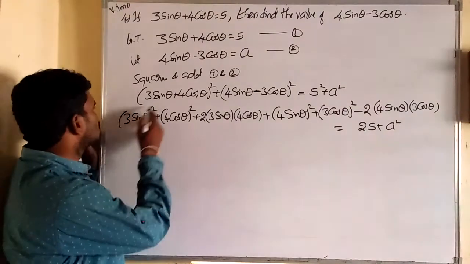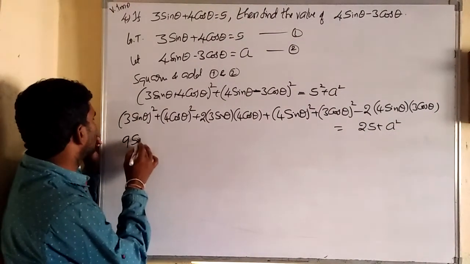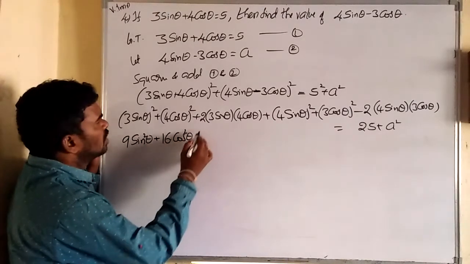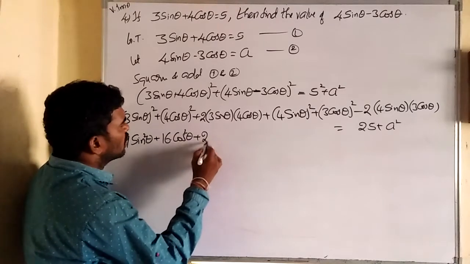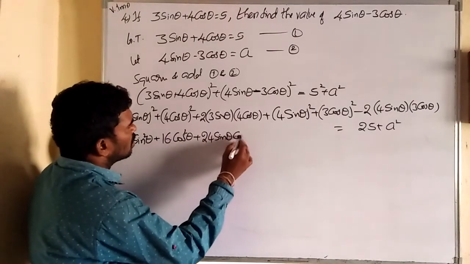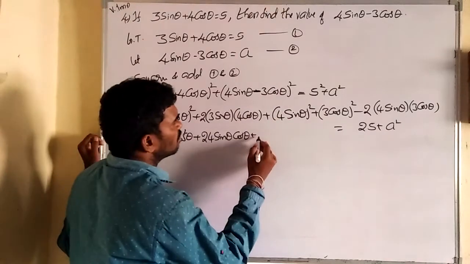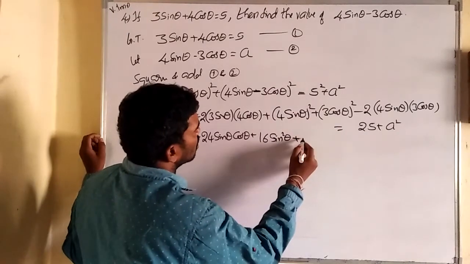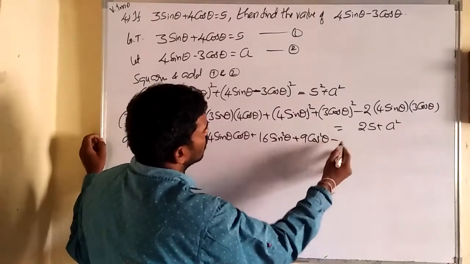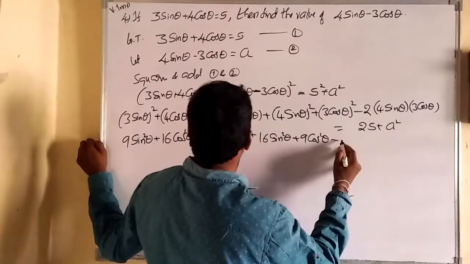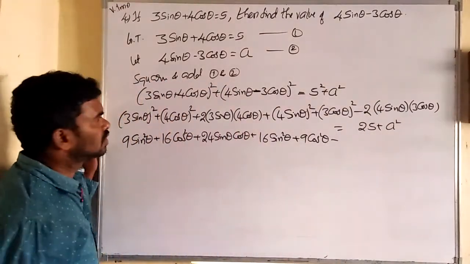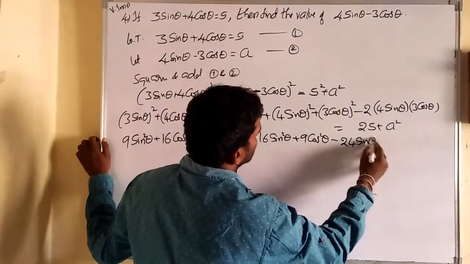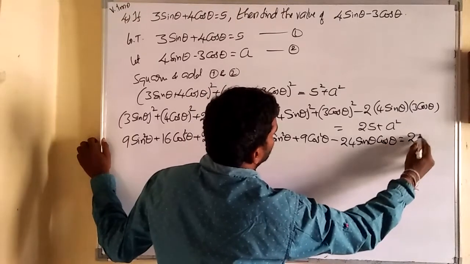Then 3 square means 9 sin square theta plus 4 square means 16 cos square theta, plus 2 into 3 into 4, that is 24 sin theta cos theta, plus 16 sin square theta plus 9 cos square theta minus 2 into 4 into 3, that is 24 sin theta cos theta, is equal to 25 plus a square.